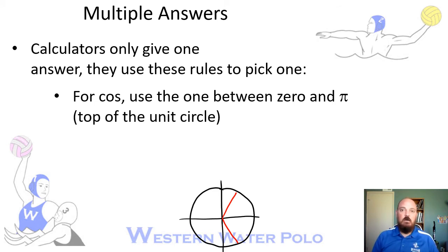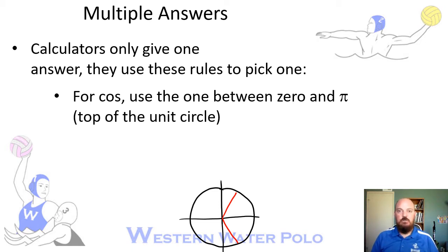We're going to take the one from the top. So inverse cosine, we always take the one between 0 and pi, or the top of the unit circle. Now, that's super easy. That's probably what you would have done anyway. If I said our two answers were pi/3 and 5pi/3, pick one, most people would pick pi/3. They take the first one off the unit circle. So cosine's kind of easy.